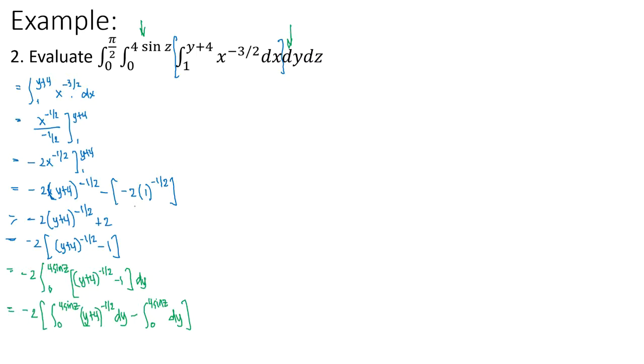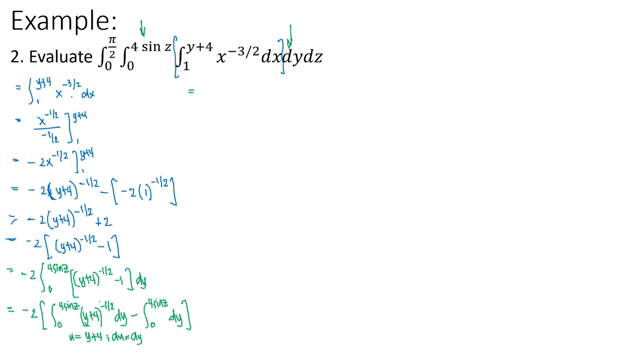Okay, so after that, we can already integrate that. Having u is our y plus 4 and du is just dy. So, meaning to say we can just use the power formula on our first integrand.